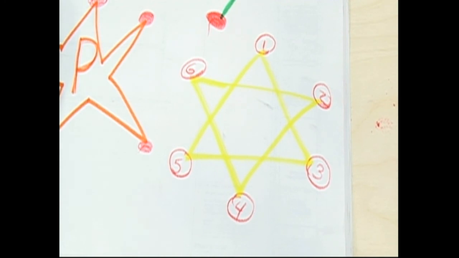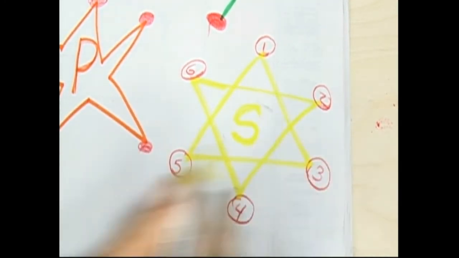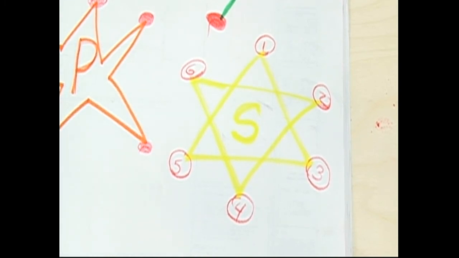So isn't that neat how the star comes into play here? 5-pointed star for the phosphorus, 6 for the sulfur.